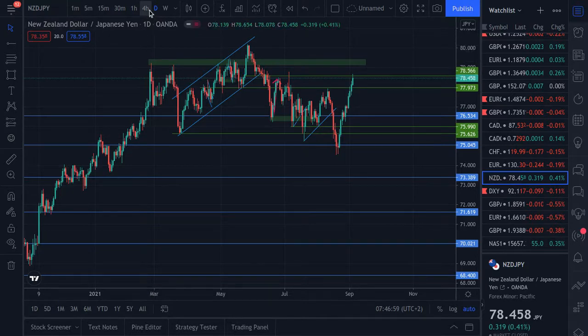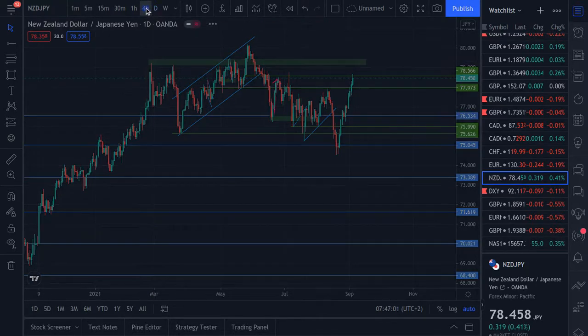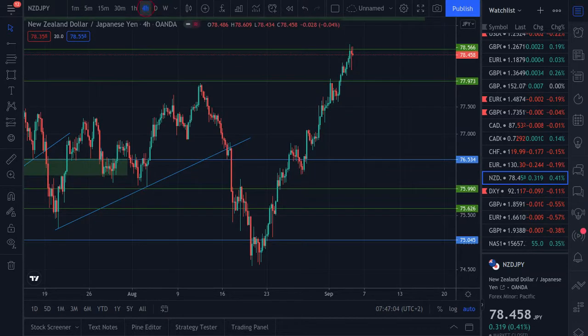So let's drop it down to 4 hour. There we go. So it's been buying, but nice and slowly. Nothing quick, not that many big impulses, you know. So it's been buying, but nice and slowly.